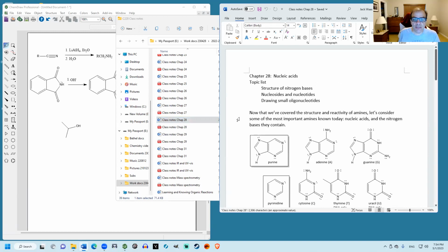Chapter 28 was even earlier in the term, I think. That was on nucleic acids. The main thing we talked about here was drawing a small polynucleotide or oligonucleotide.